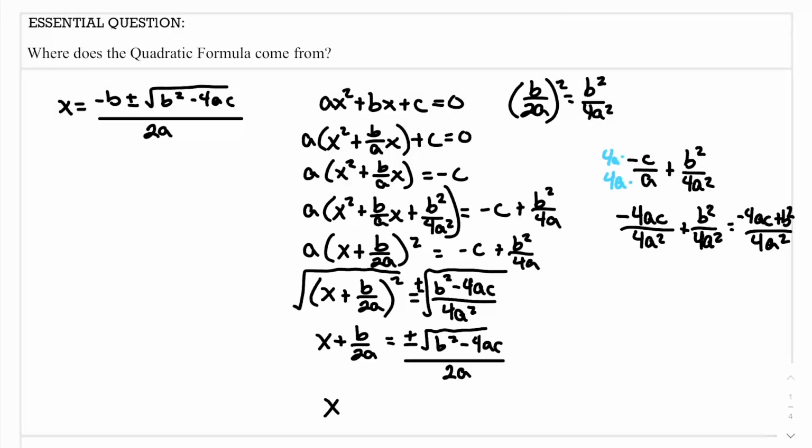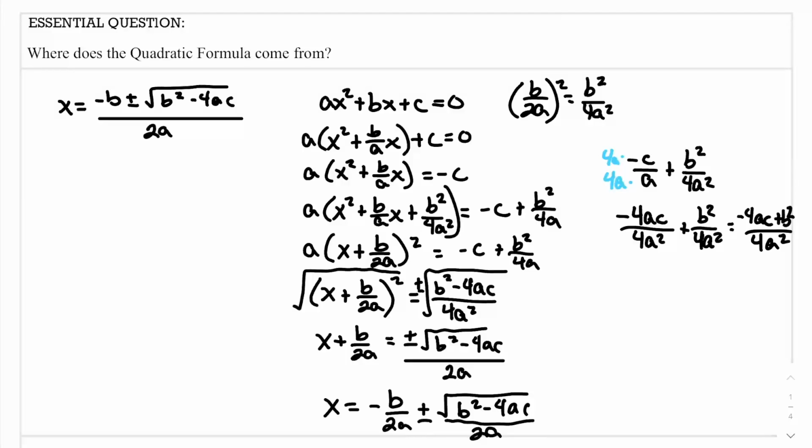So we end up with x equals negative b over 2a plus or minus the square root of b squared minus 4ac, all divided by 2a.